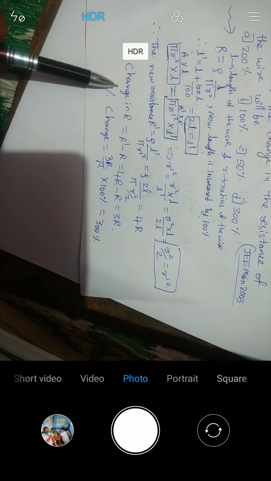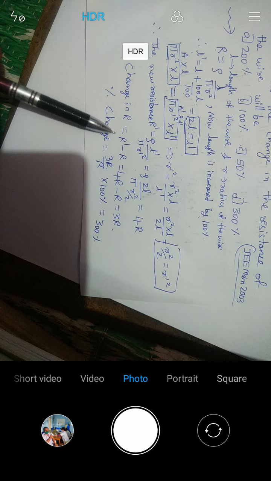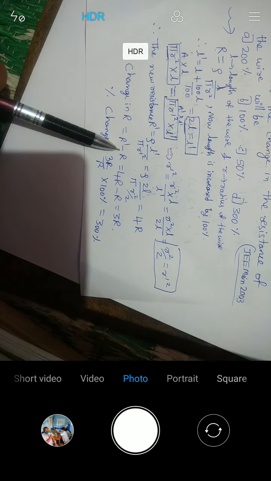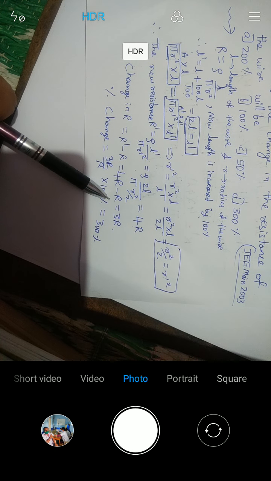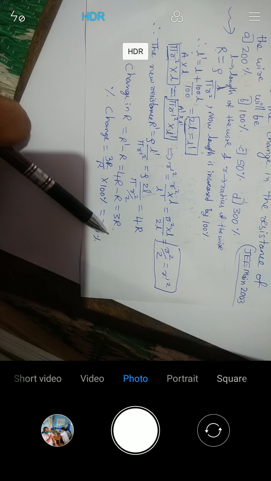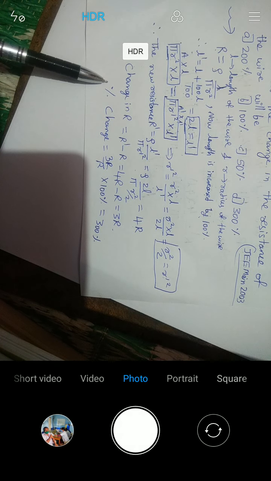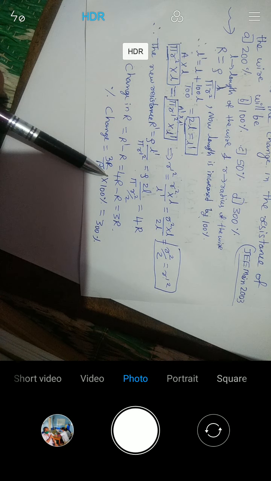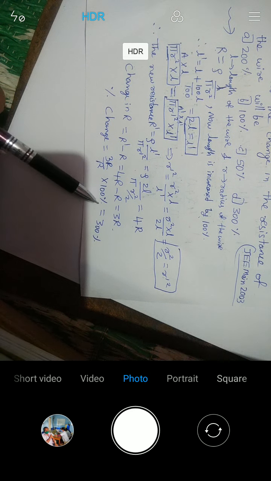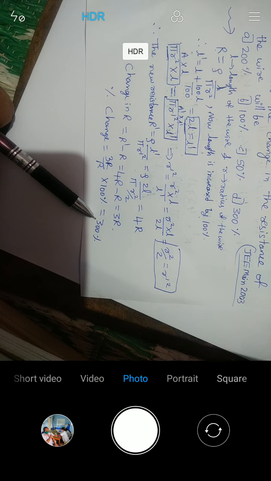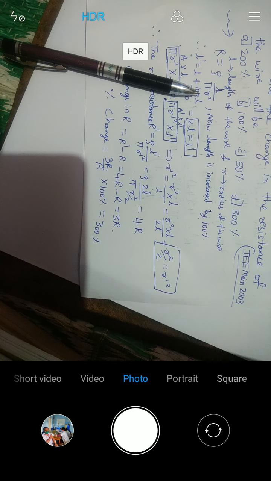Then, the change in resistance is equal to R dash minus R, that is 4R minus R, that equals 3R. Then the percentage of change is 3R by R into 100%, that equals 300%. Therefore, option D is the correct answer for this question.